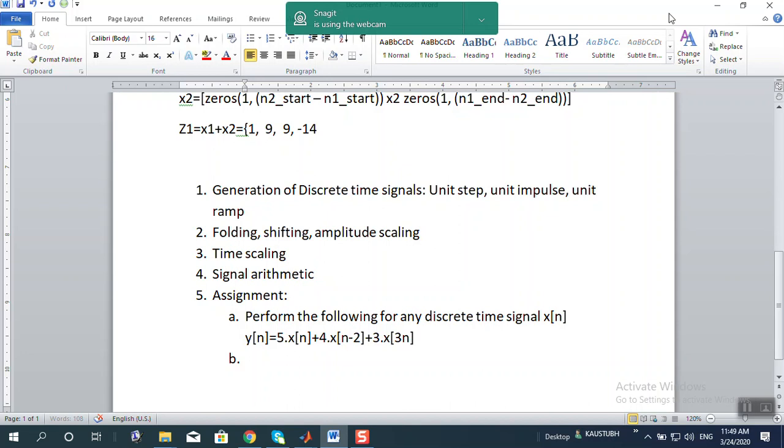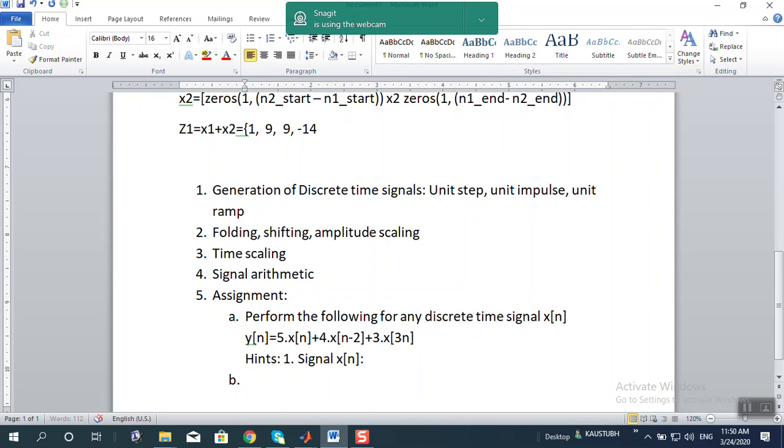In this assignment, what you have to do is, first you have to take number 1, signal x of n.